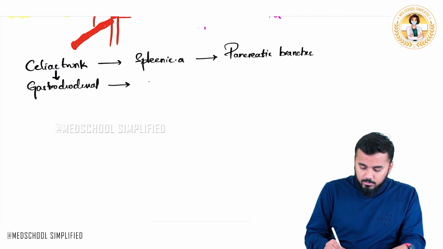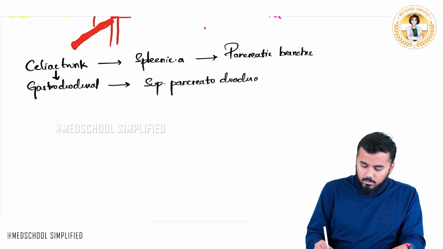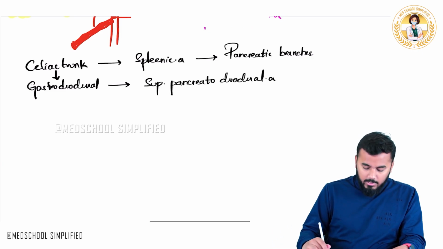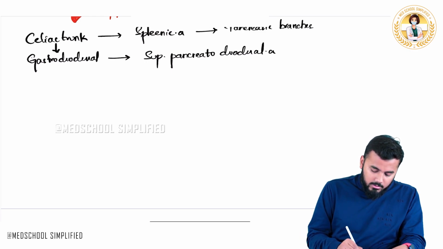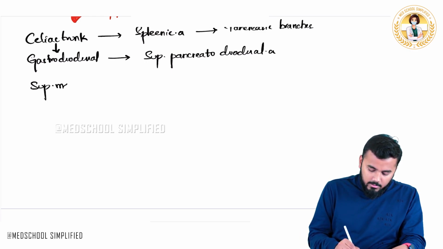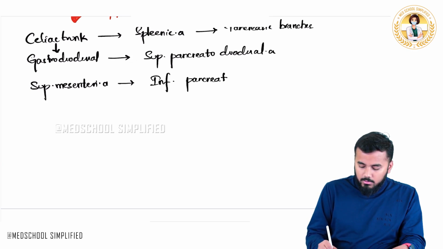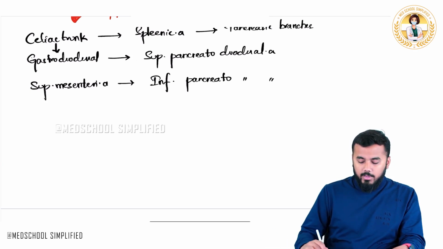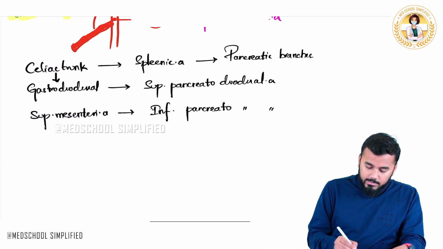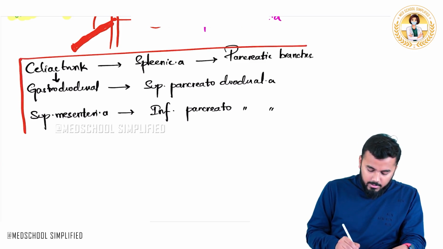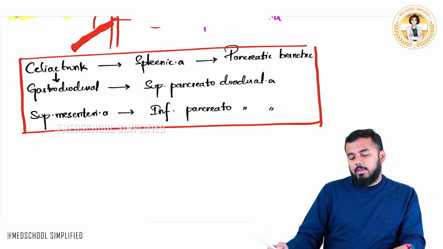Gastroduodenal artery gives a branch called the superior pancreato-duodenal artery. Next one, we have got the superior mesenteric artery. That gives a branch called the inferior pancreato-duodenal artery. Okay, so this is the blood supply, the branches of the pancreas which you have.